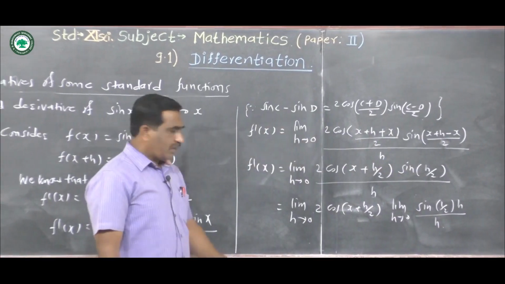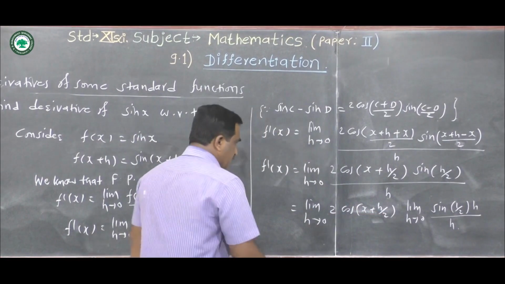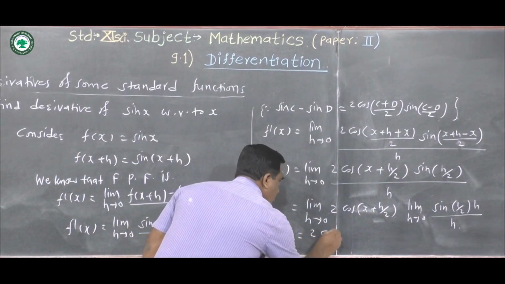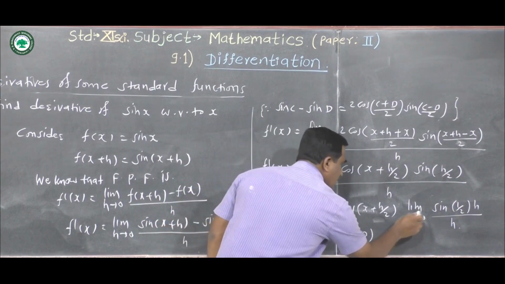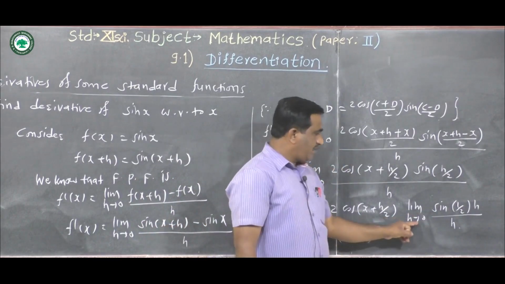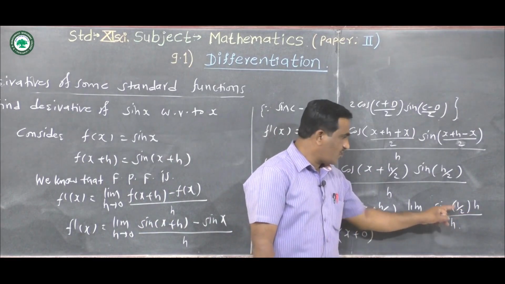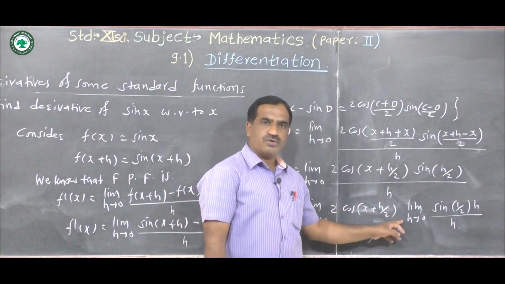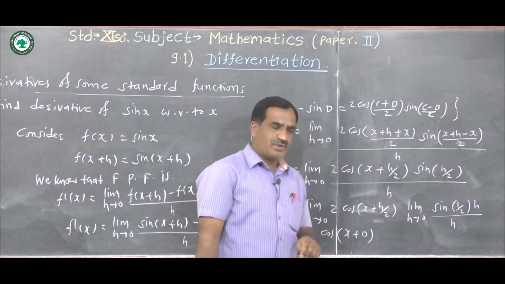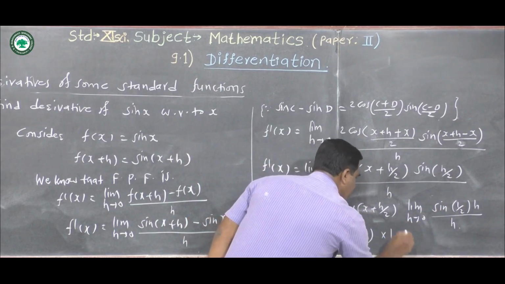Okay, now here we can put limit directly, h tends to 0, therefore we get here 2 into cos of x plus 0 into here value of this limit h tends to 0 sin of 1 by 2 h upon h is equal to 1 by 2, because we know that formula limit x tends to 0 sin mx upon x equal to m. Therefore value of this is 1 by 2.